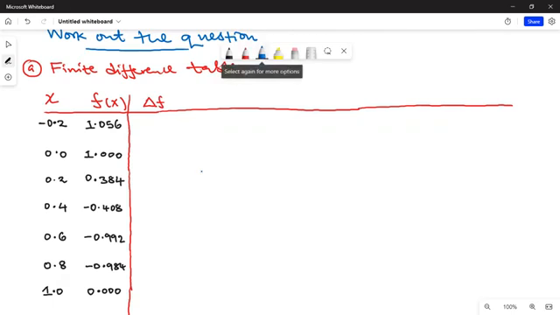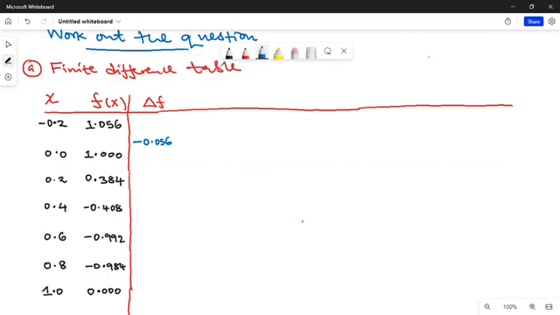Like here, we'll have 1 minus 1.056. You can press that in your calculator so that you see what you get. 1 minus 1.056 should give us negative 0.056. Again, take 0.384 minus 1.